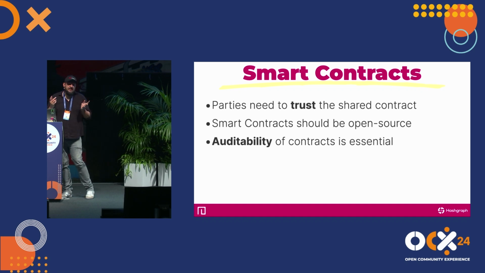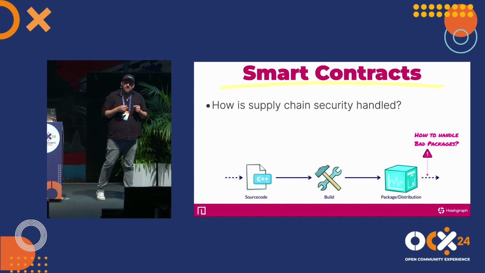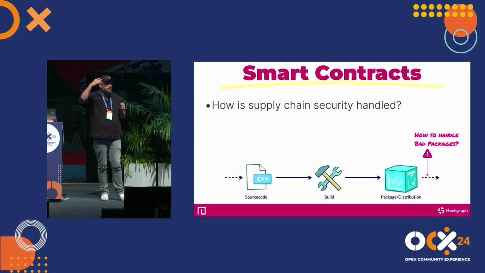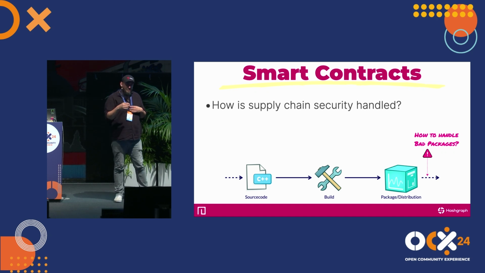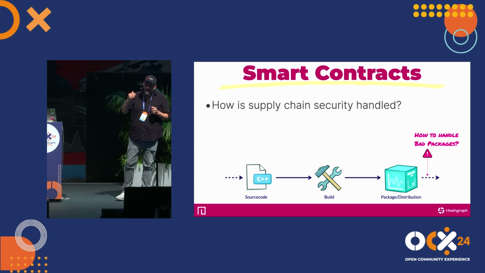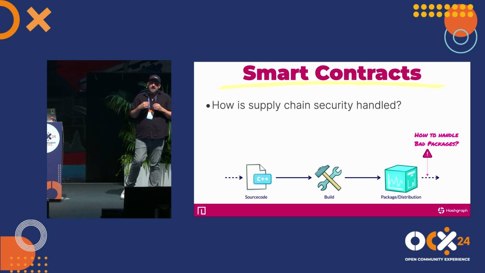But by doing so, there can be one problem, right? So even if such a contract is open source, coming back to our supply chain security, there's this point at the end where you need to deploy it to a network, right? So how do I know, when I work together with a partner and that partner deployed that contract to a network, that he did not deploy something else?